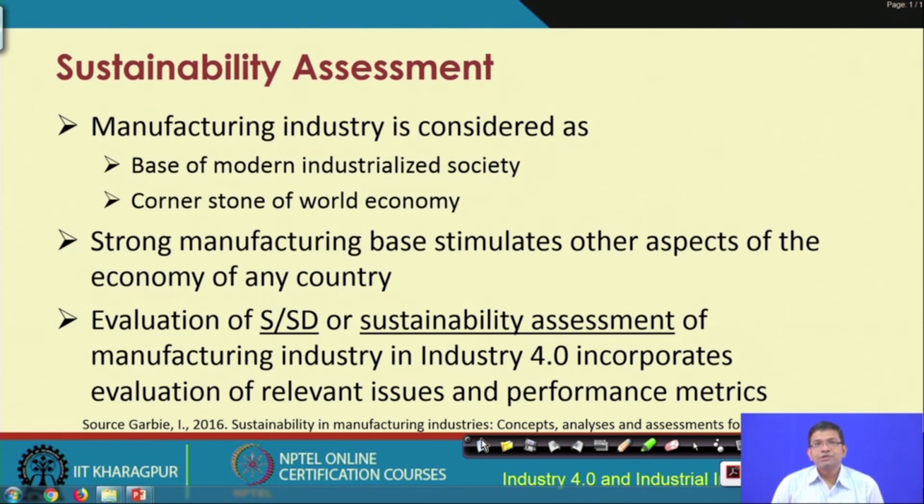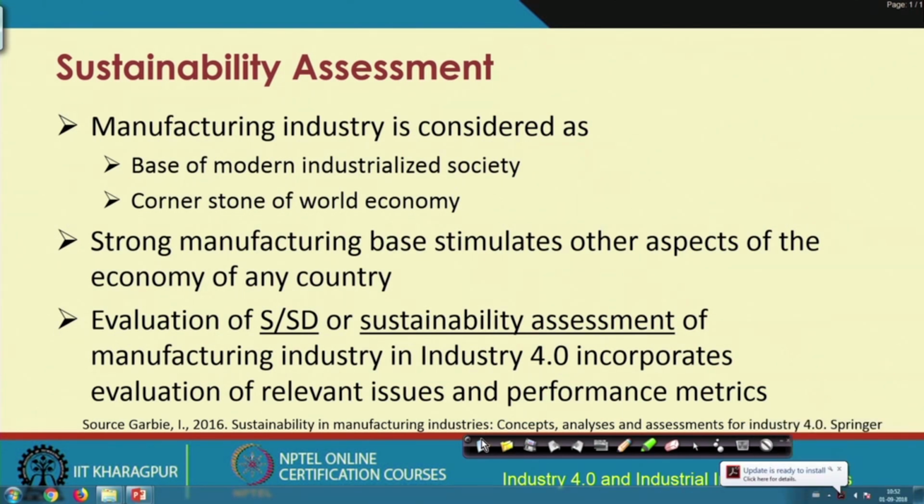A manufacturing industry is considered as a base of modern industrial society and is the cornerstone of the world economy. In order to estimate and assess this sustainability, it is required to evaluate this term S over SD, sustainability divided by sustainable development, and that is what we are going to go through in the next few minutes.